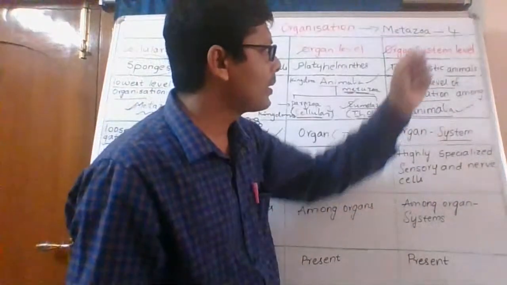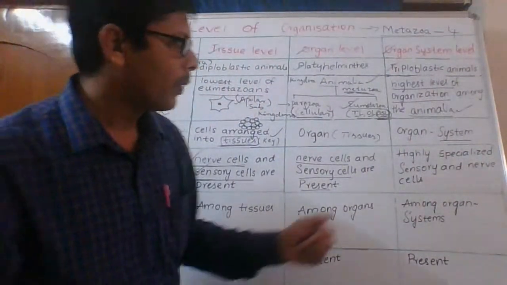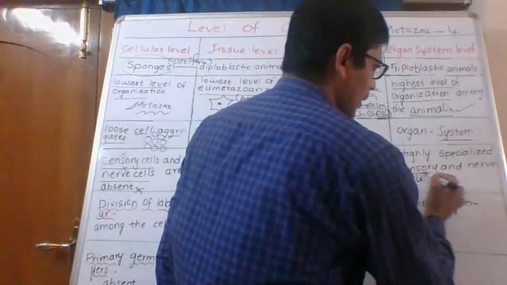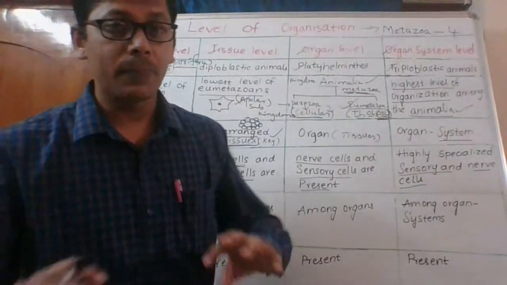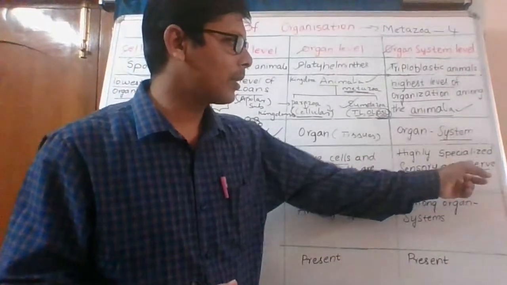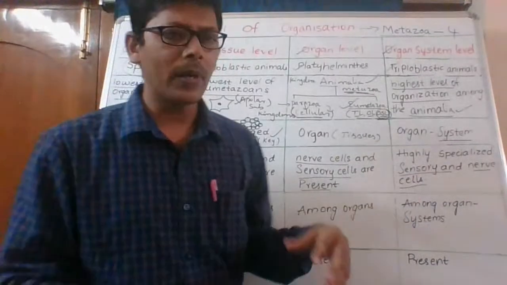Now come to the organ system level of organization. Here highly specialized nerve cells and sensory cells are present. There are different types of nerve cells.